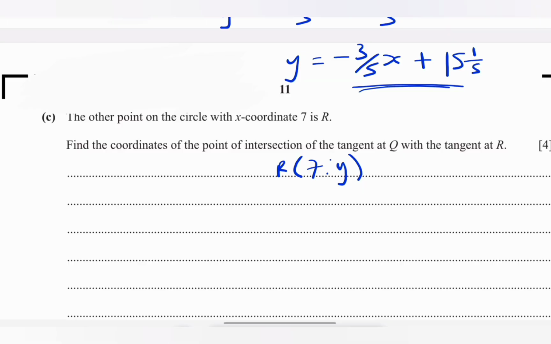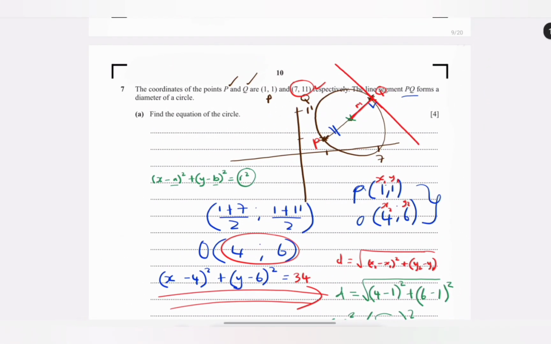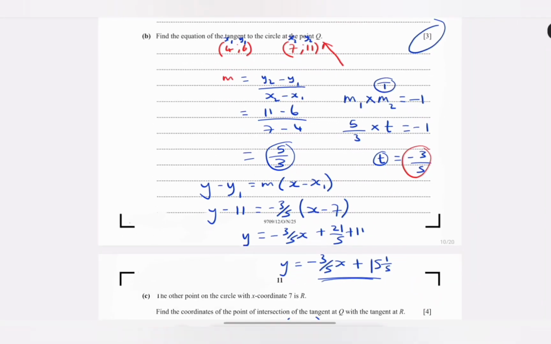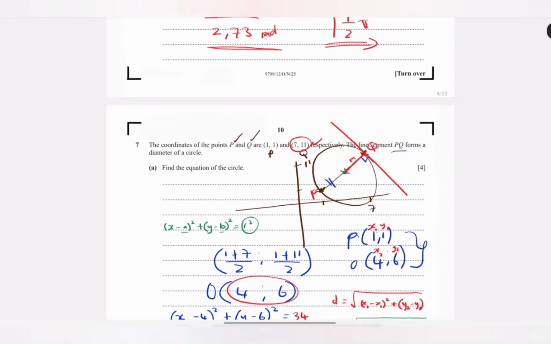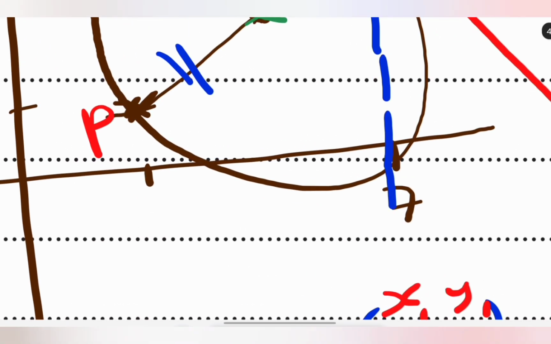It says find the coordinates of the point of intersection of the tangent at Q with the tangent at R. Tangent at R, so the other coordinate where x is equal to 7. So x is equal to 7 goes like this, meaning if we have Q being at x equals 7, the other point at x equals 7 will be right here.